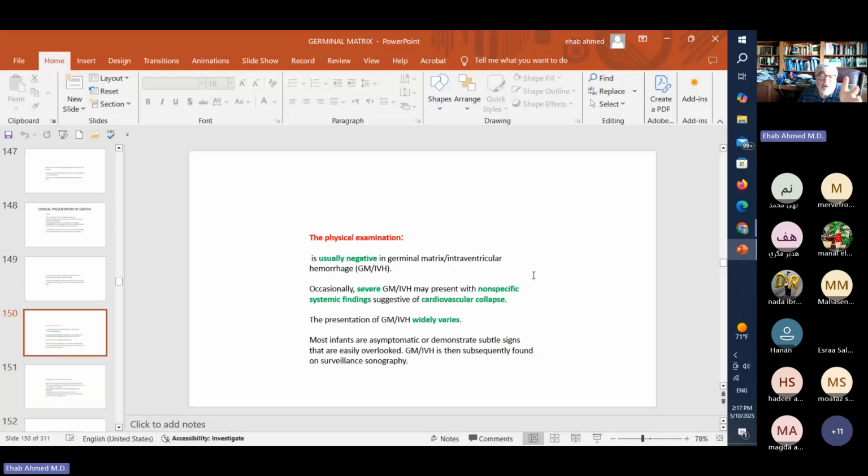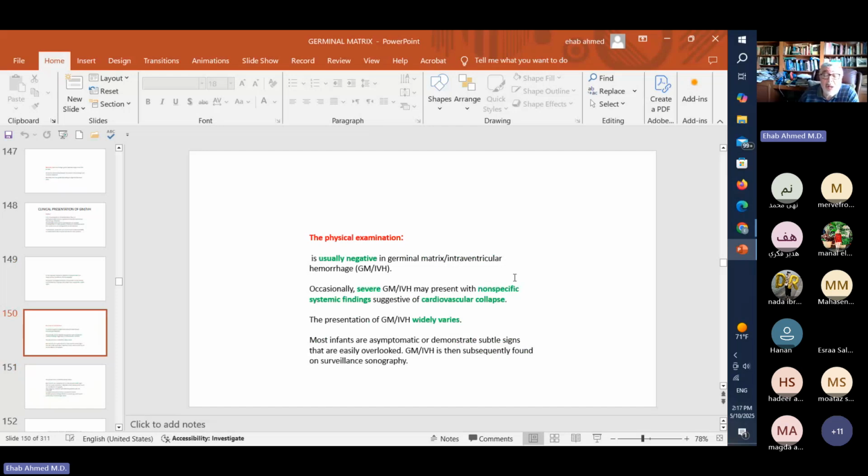Physical exam depends on how bad the presentation is. The presentation could be asymptomatic with a negative physical exam, or there could be dramatic deterioration in the condition of your baby, and you might code the baby because the baby all of a sudden became shocky with severe pallor.